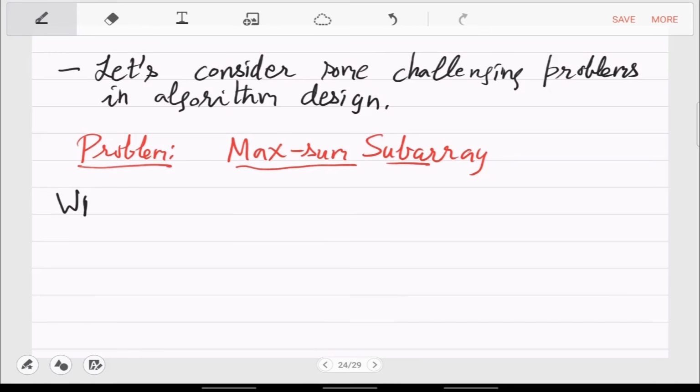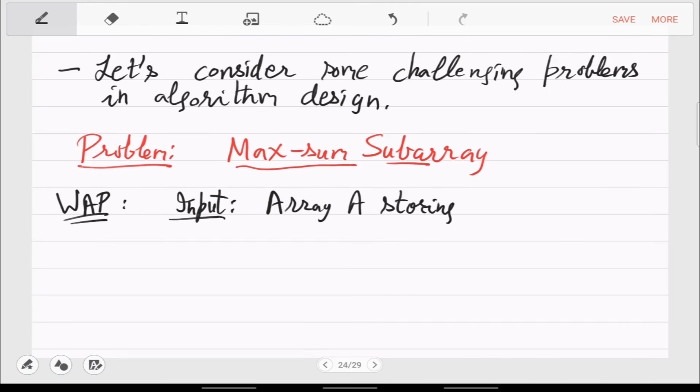Here the problem is you have to write a program which takes as input an array of n integers, and in the output it has to output a subarray, which means a contiguous chunk of elements, say i to j, and the thing to maximize is the sum of the subarray.